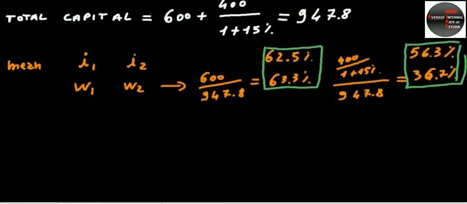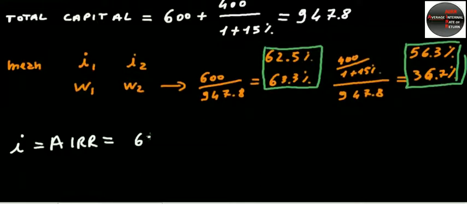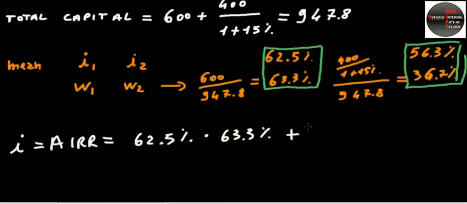So the rate of return of the project, average internal rate of return, is 62.5% multiplied by the weight, 63.3%, plus the second period rate of return, 56.3%, times the weight, 36.7%.